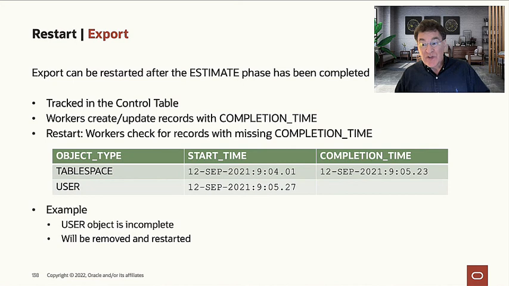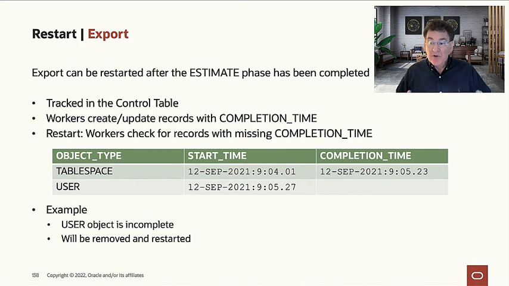Then, as we'll see in the next slide about restarting an import, workers create object rows in the control table for each object of the user type. If all of the users were exported, the worker process would have updated the user completion row with a completion time. In this case, upon restart, a worker process detects that the users were in the process of being exported but didn't finish because there is no completion time.